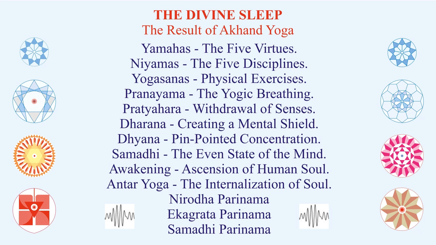Yogasanas, the physical exercises or postures to make our physical body perfectly healthy and strong. Pranayama, the breathing techniques to mobilize more than enough oxygen, which is absolutely essential for the intellect, because the brain uses glucose and oxygen only for energy, not anything else.